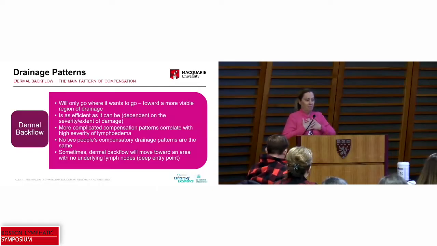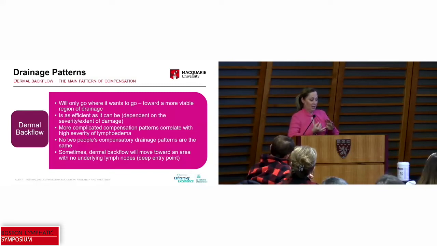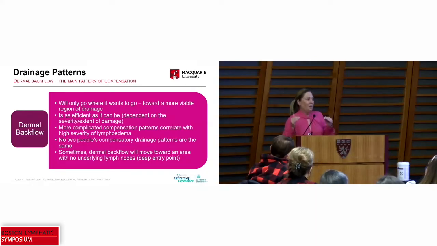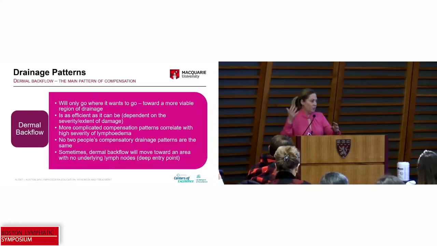I believe that the dose of compression, so the class, the fabric, the number of hours in the day that a patient wears, because everybody compensates differently, therefore everybody needs a slightly different amount of intervention in order to get their transit time to the point where it will actually start to drain effectively.